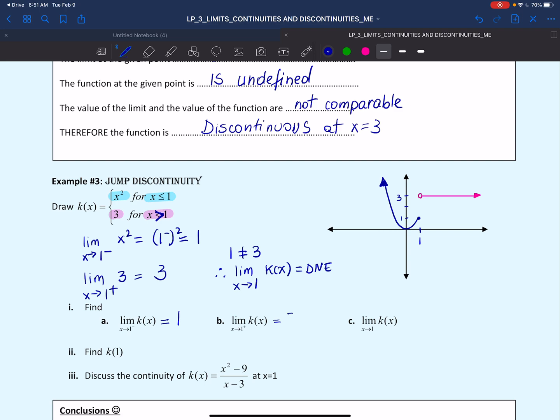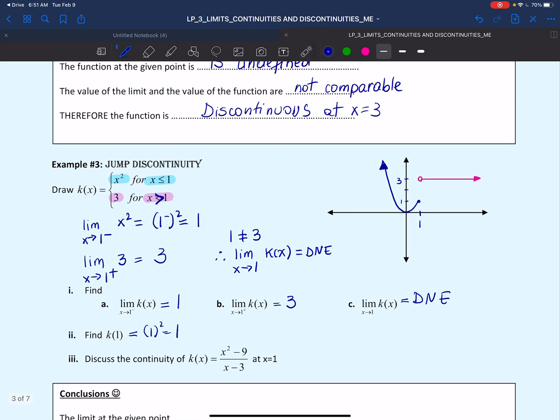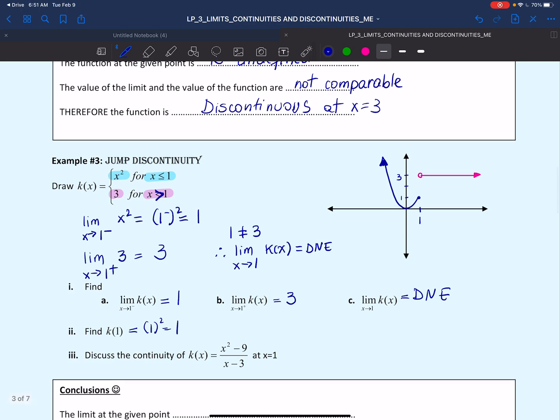From the right, the limit is 3. At 1, the limit doesn't exist. K of 1, on the other hand, remember that x equals 1 is in this domain, would be equal to 1 squared. So we're going to say that the function is discontinuous at x equals 1.